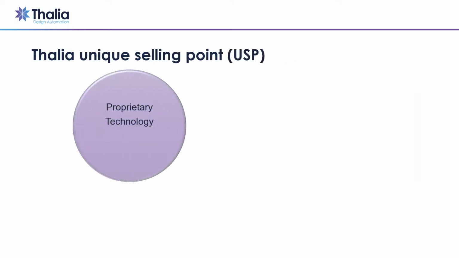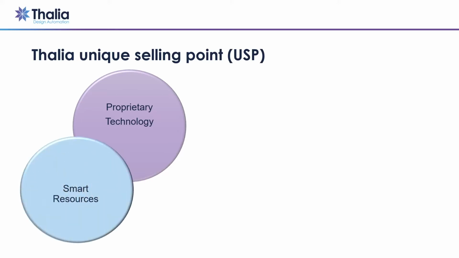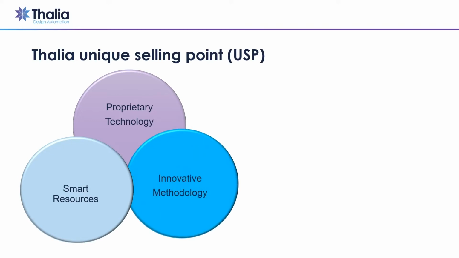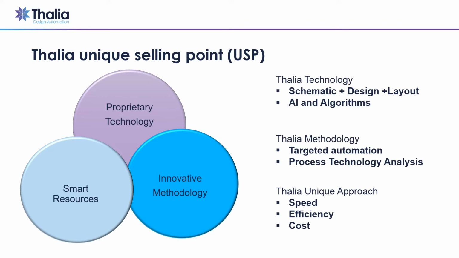Why are we different? Unlike anybody else in the marketplace, what we bring about is a unique combination of proprietary technology, which is built on the back of AI algorithms, addressing all aspects of the design flow, along with innovative design methodology and smart resources.